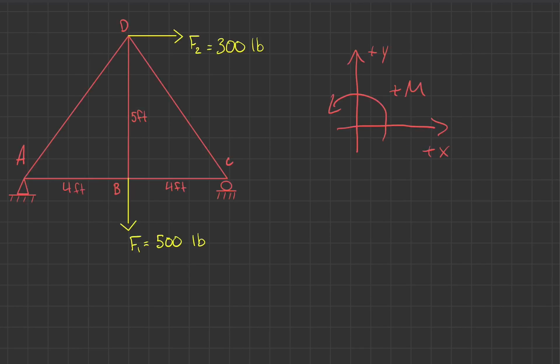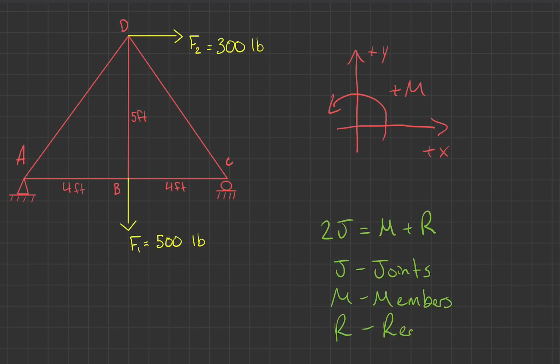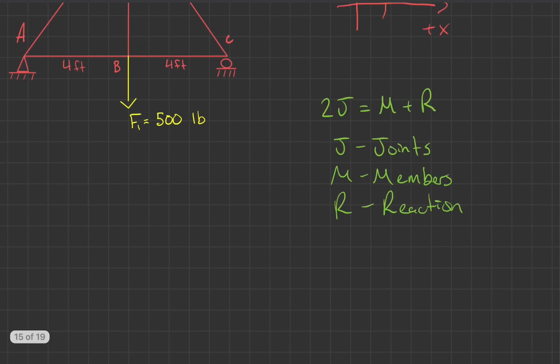And if you remember, the equation is 2j is equal to m plus r, where j is your joints, so j is for joints, m stands for number of members, and r stands for number of reaction forces. Okay, so now we've got that.